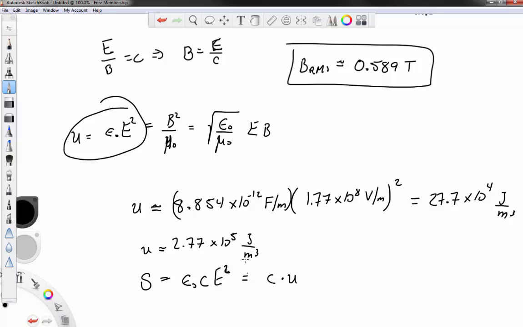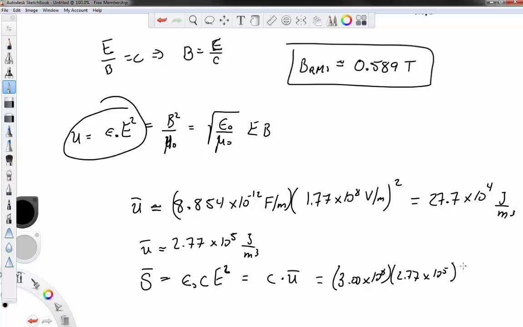This one was for the average of little u. And so basically, if we want the average Poynting vector, we can use the average of little u times c. And so that's basically 3.00 times 10 to the 8 times this 2.77 times 10 to the 5th.